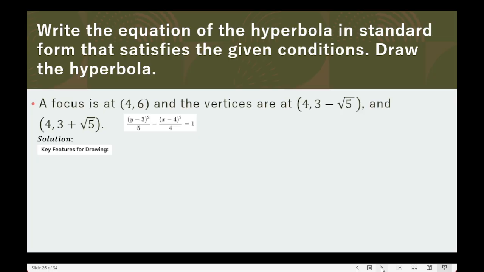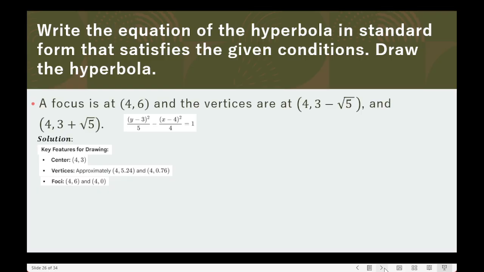Now for the key features for sketching the graph, considering this obtained equation, the center is at (4, 3), and the vertices are here. We change the y coordinate values from their irrational values to their respective decimal values to locate the points in the Cartesian plane.